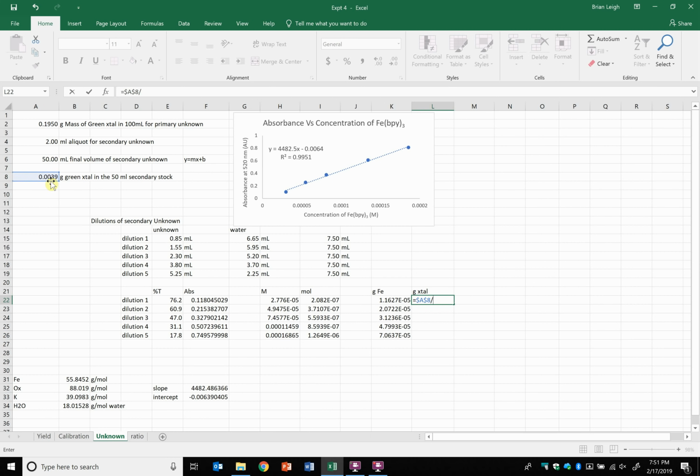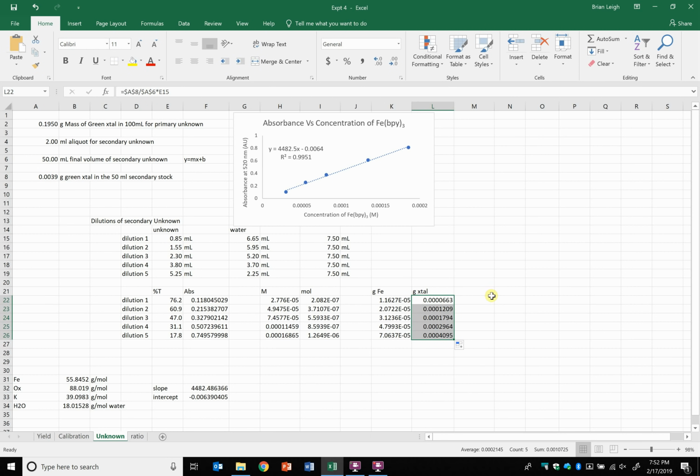And remember, we have this many grams in 50 mils, right? We'll lock that. And then each one of these is simply multiplied by the volume of that solution we put in, which is this.